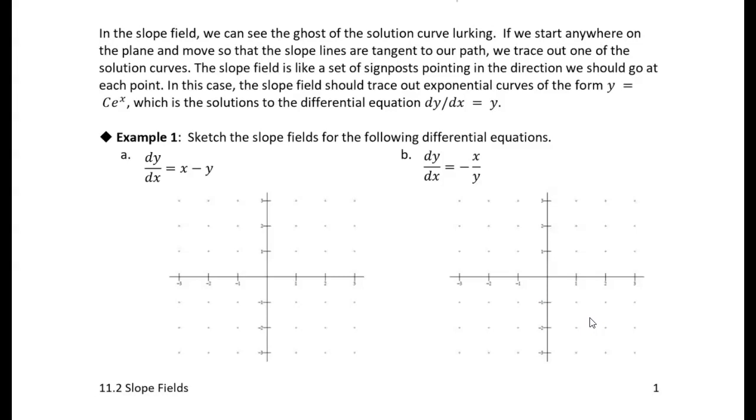So if you look at any place where x is equal to y, the slope is 0. So we can draw a little line segment anywhere along here where x is equal to y, and the slope is 0.